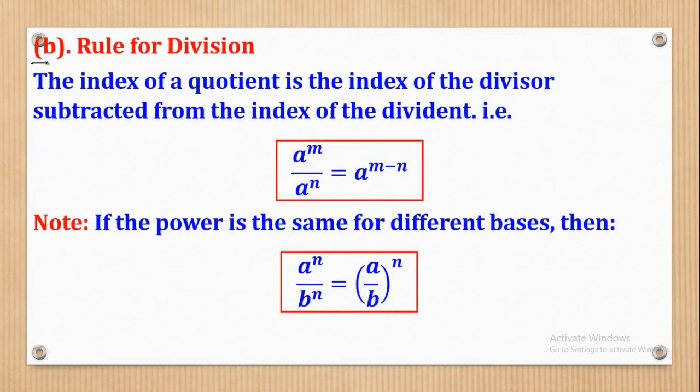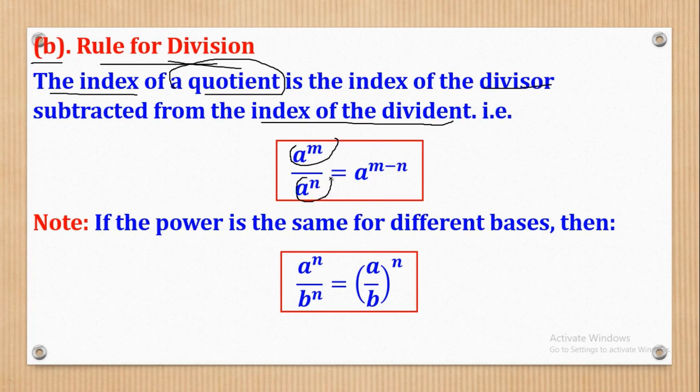Then the second rule is the rule for division. The index of a quotient. Now quotient is another word to mean division. So the index of a quotient is the index of the divisor subtracted from the index of the dividend. Now the dividend is the one in the numerator and the divisor is the one in the denominator.